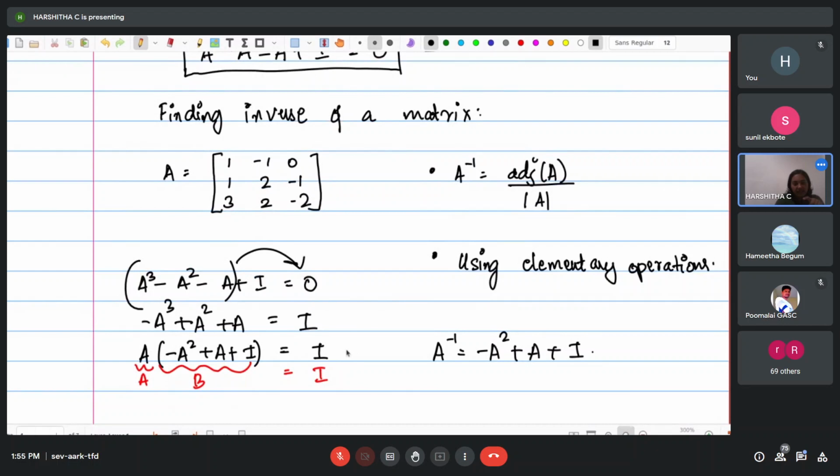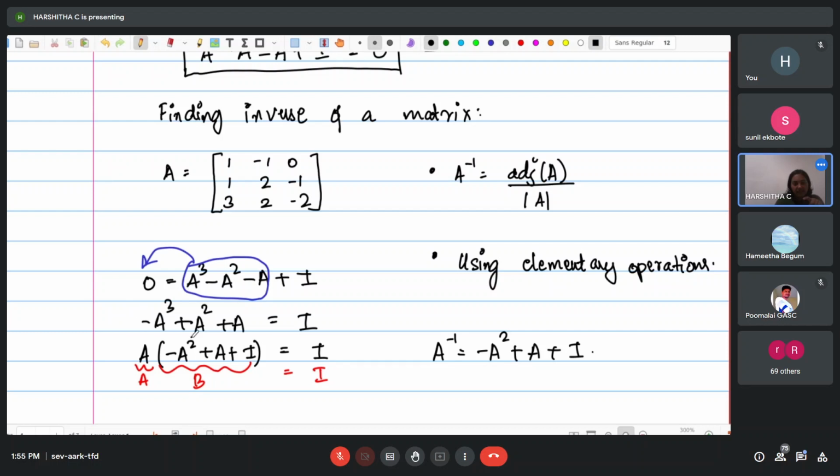Right? Should I write it the other way? It's just which side of the equality you hold. So 0 equal to A cube minus A square minus A plus I. So these three terms, you take to the other side. So we get minus A cube plus A square plus A equal to identity matrix, right?